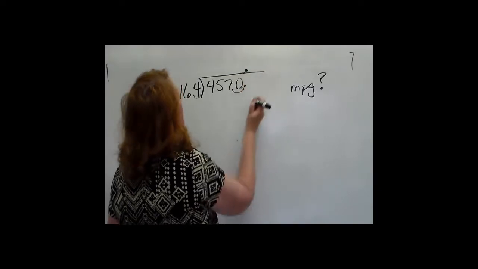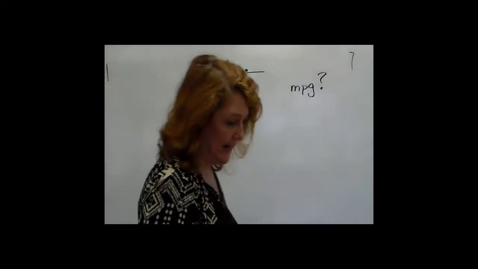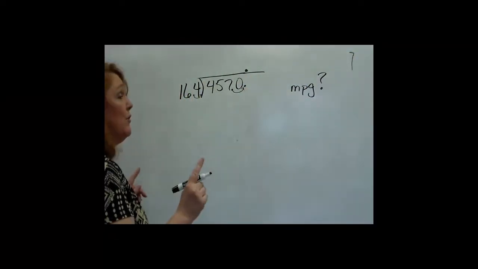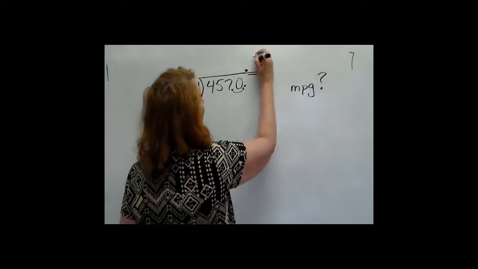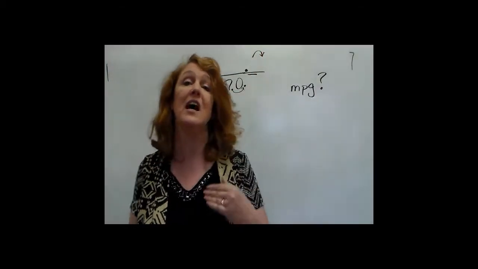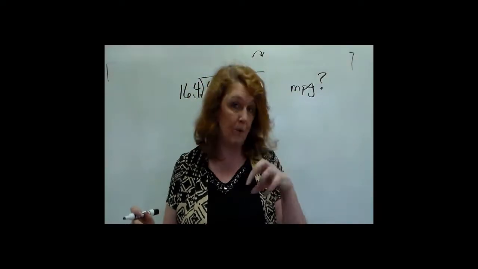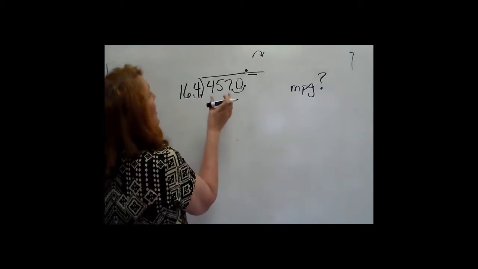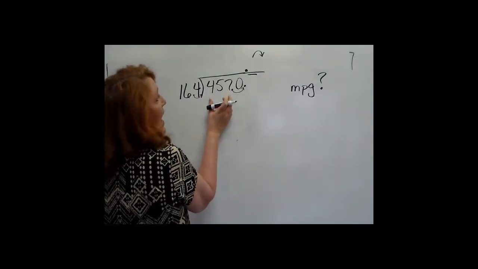So now this is all set, and it asks for the nearest tenth. And if I go to the nearest tenth, that means I have to look next door. So I'm going to have to divide to the nearest hundredth in order to properly round this off. So how many times does 164 go into 457?